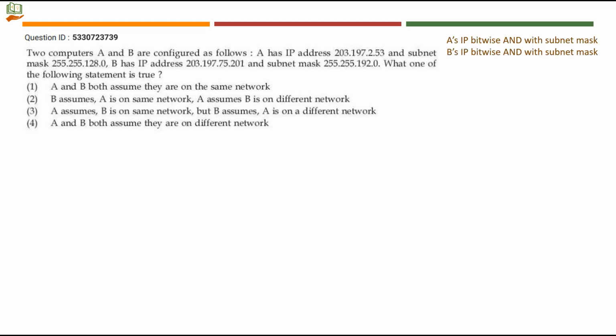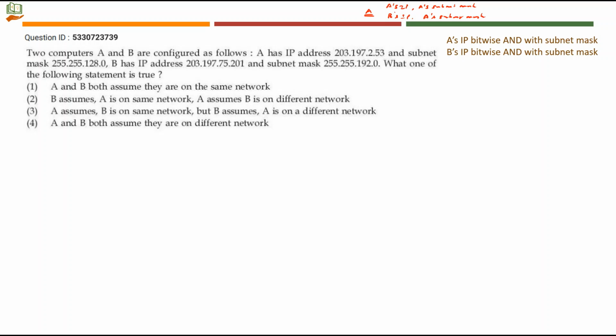So how should the process be done? From the point of view of A, A's IP and A's subnet mask both should be taken for bitwise AND operation. Similarly, B's IP and A's subnet mask again has to be taken for bitwise AND operation.